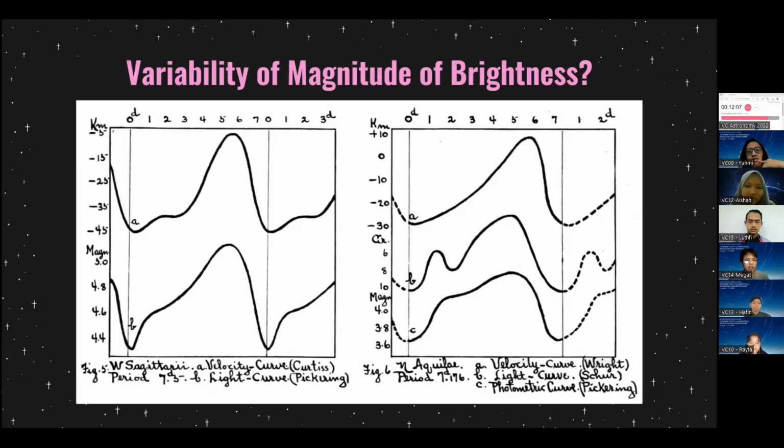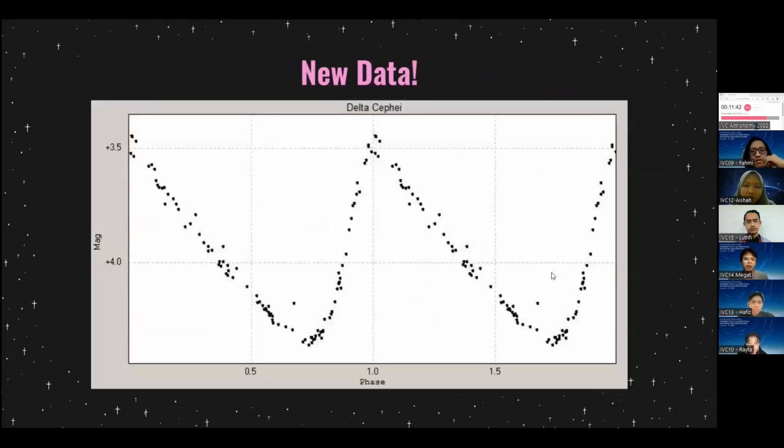So the magnitude changes from day 0 at the point A on the second slide. You can see it goes up sharply at day 5 and day 6, and then it drops down to day 7 and day 8. So after a week, you can see it brightens up, and then by the end of the week, it drops down to be dim again, very dark. Next slide, please. So that was an old data.